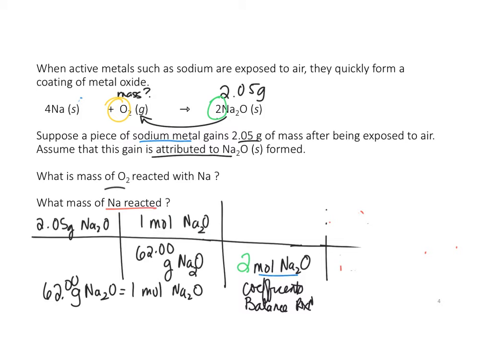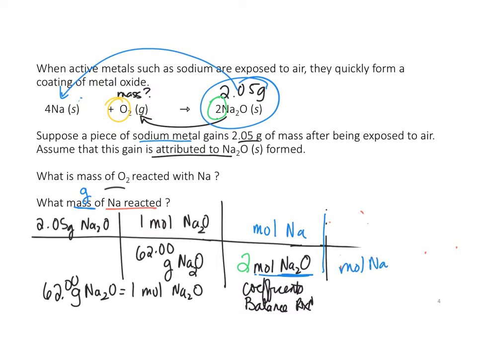You go from mole of sodium oxide, now you want to go to mole of sodium. And so you can change the names of the elements and compounds as long as you're going from mole to mole, but that's not what you want. It asks for mass, so it wants gram. So you're going to have to copy mole of sodium on bottom, and you can go from mole to gram using the periodic table.